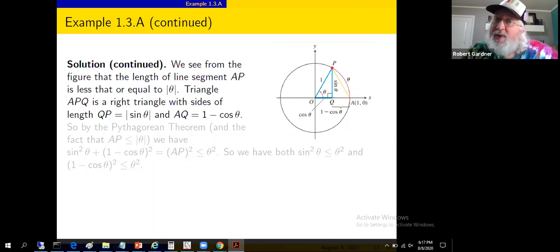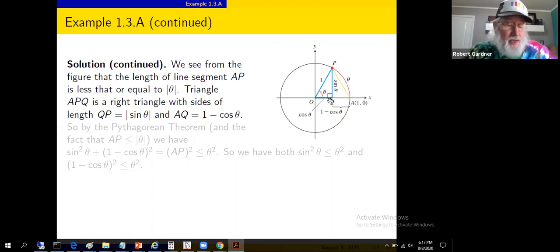Remember, cosine is between -1 and 1. So then 1 minus cosine, the least this could be is 0, and the most it could be is, when cosine is -1, 2. It's between 0 and 2. So I don't need absolute values on this part. So right triangle, absolute value of sine theta here, and 1 minus cosine theta here.